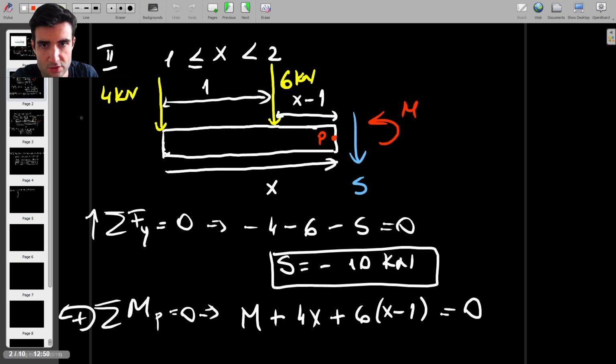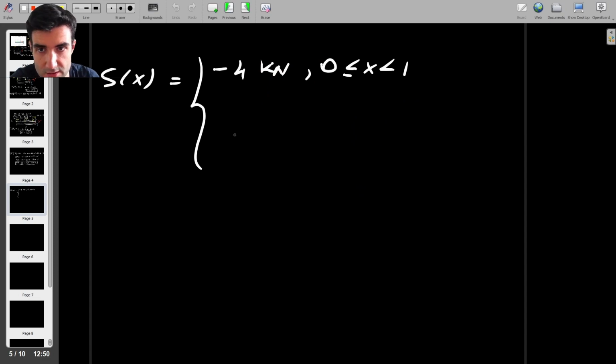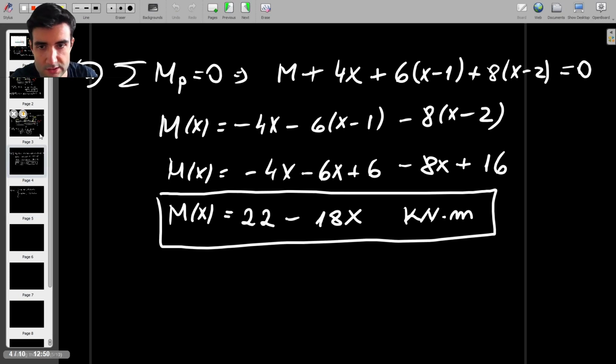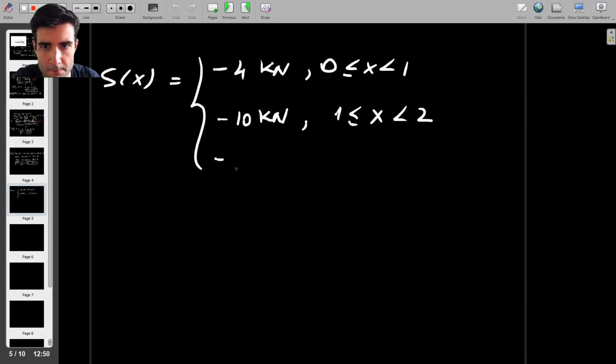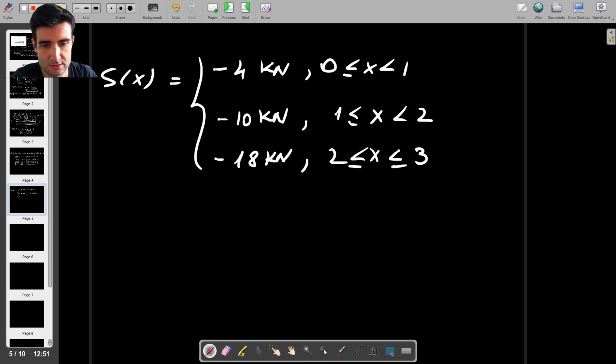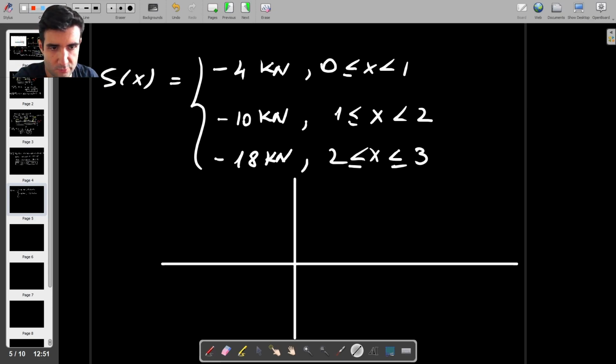Then the shear force is minus 10 kilonewtons if x is between 1 and 2. And finally, we got minus 18 kilonewtons if x is covering the rest of the beam, which is from 2 to 3. So let's actually plot this. We have the diagram, we have the graph, we have shear force, we have x.